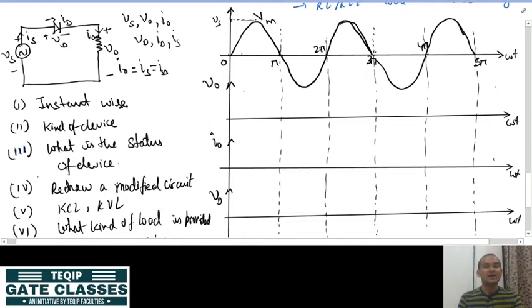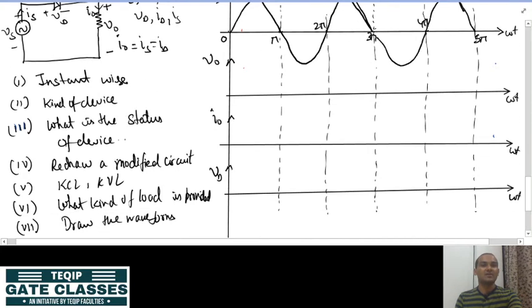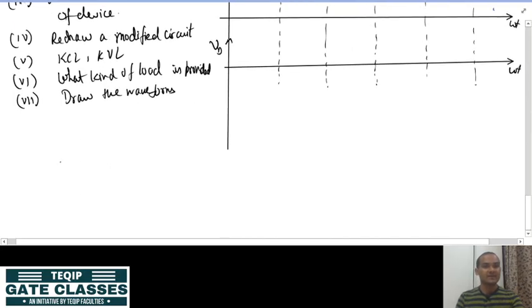So, let us start with these 7 steps and start analyzing this circuit. Although this is a very simple circuit, believe me, this is a very simple strategy to learn power electronics. These are very simple 7 steps to learn power electronics. This is my experience of over 6 years of teaching GATE classes. So, let us start with this.